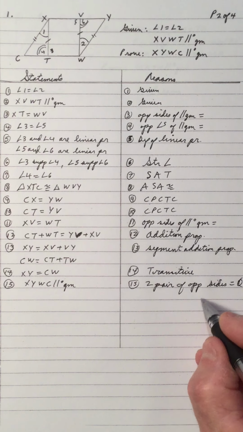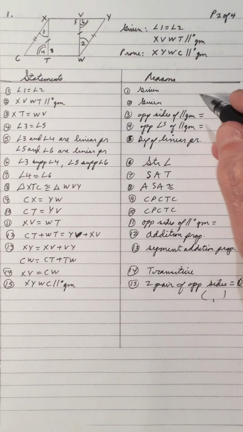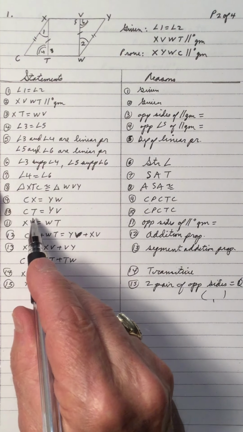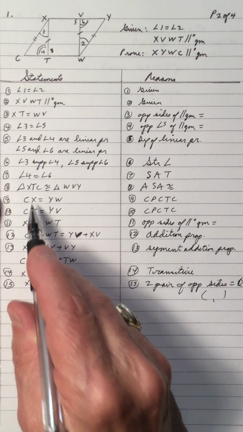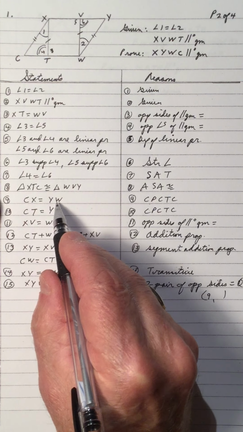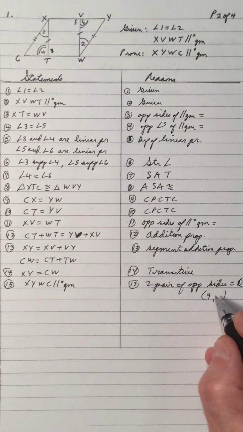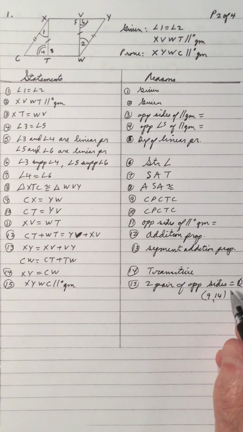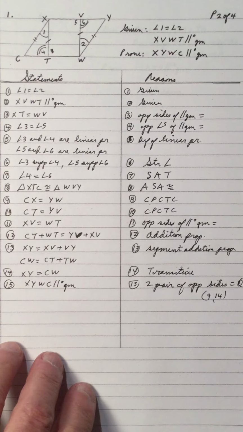That's in number 9, which is CX equals right here, and it's in number 14. So look at 9 and 14. That's the two pairs of sides that are equal.